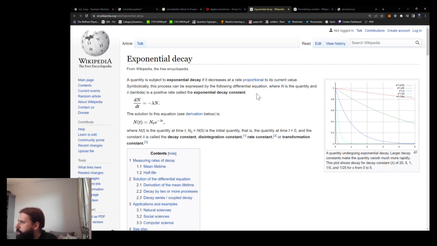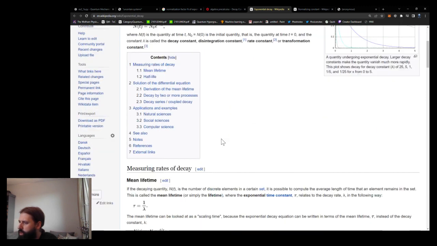Because the rate is proportional to its current value. Symbolically, this process can be represented by a differential equation, exponential decay. The quantity at time t and the initial quantity, that is the quantity at time t0. And the constant is called the decay constant, the distribution constant. Okay.